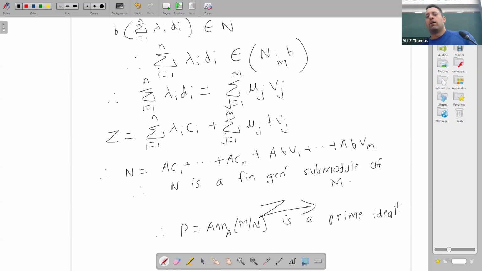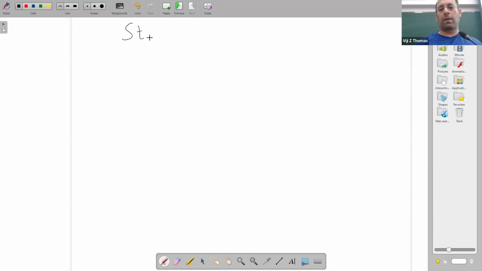Note this: so far I have not used the hypothesis that M is finitely generated. At the moment, I have not used it. So now we will use it. At the moment, step 2 is complete. Now step 3.